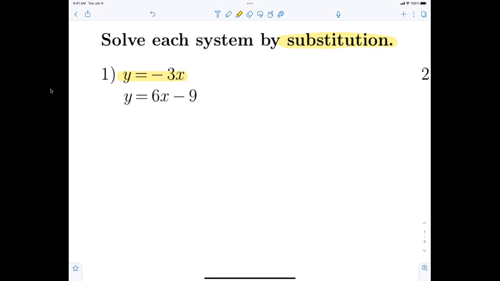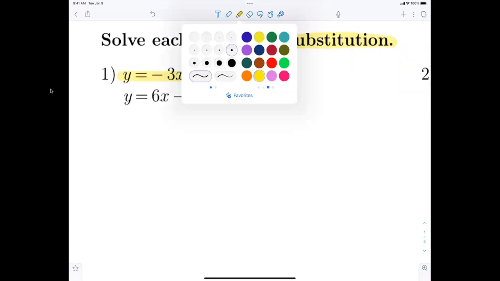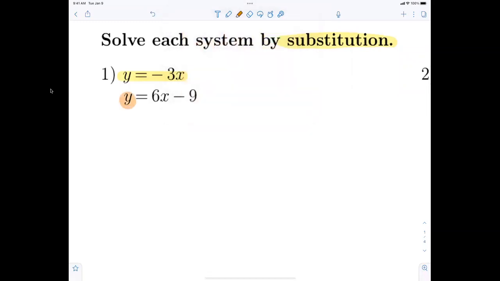That means they're exactly the same. So do you see this y right here? What could I substitute in for that y? -3x. That's it. That's how simple it is. So now instead of having two variables, I only have what? One. I only have one.